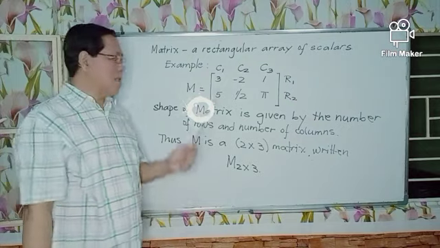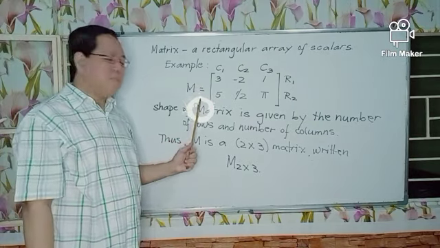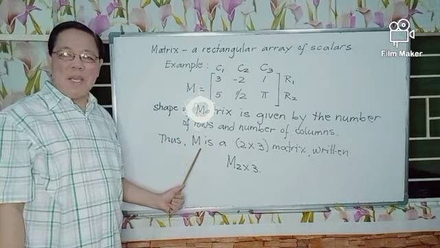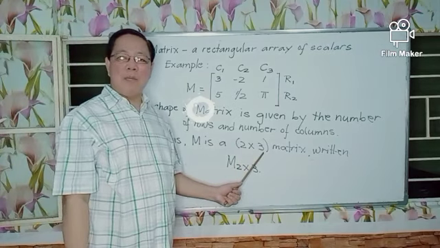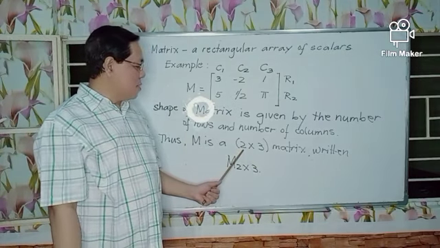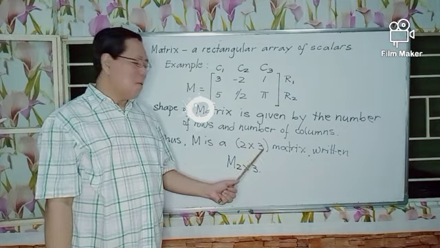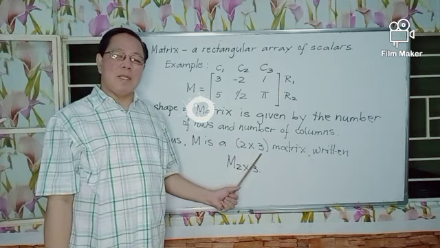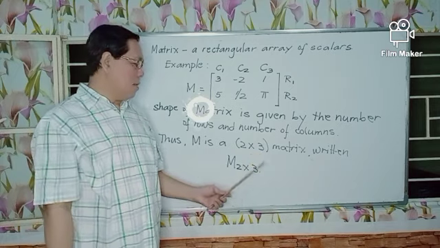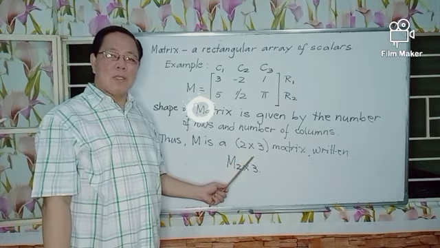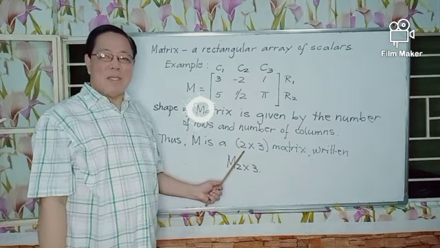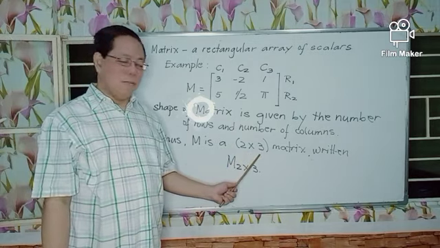Thus, for our specific example, we say that matrix M is a 2 by 3 matrix. This is 2 cross 3. We do not multiply 2 by 3 and say 6 matrix. We simply write 2 cross 3 and we read this as 2 by 3.